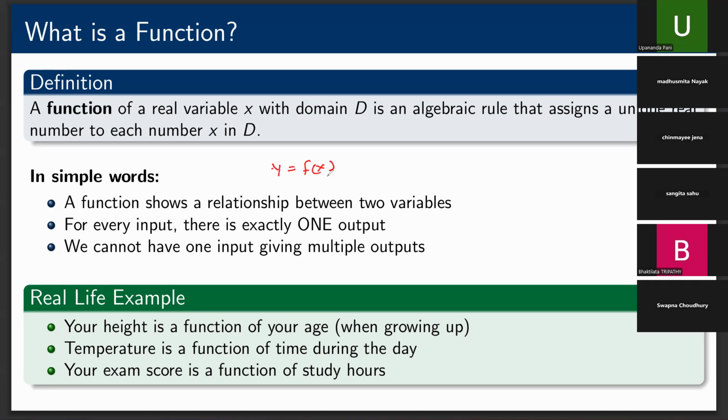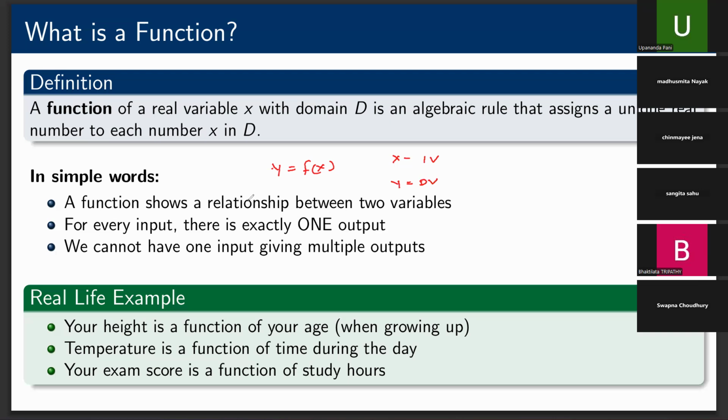We read it as y is a function of x, or y is f of x. Here x is known as our independent variable because x can take any value. Then y is known as the dependent variable. As the name suggests, y cannot take arbitrary values. Its value will depend on what value of x you have chosen. That's why we say y is a dependent variable.